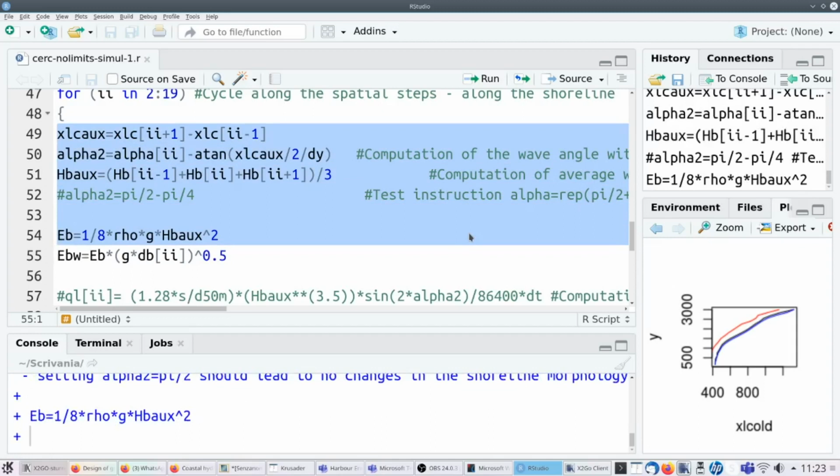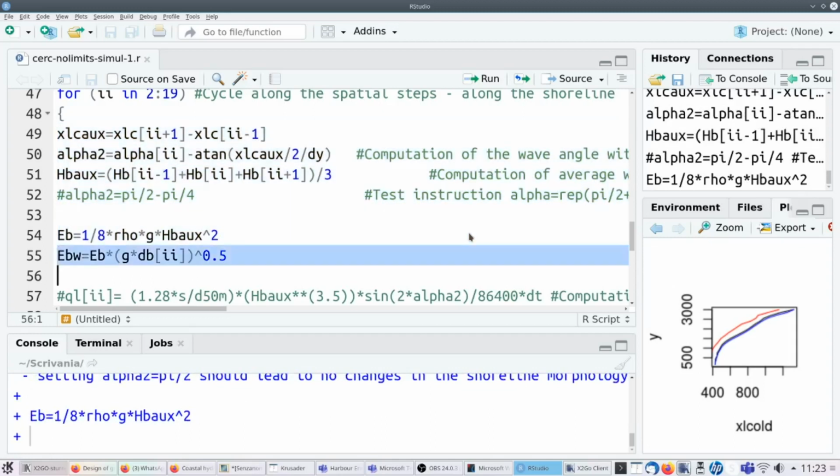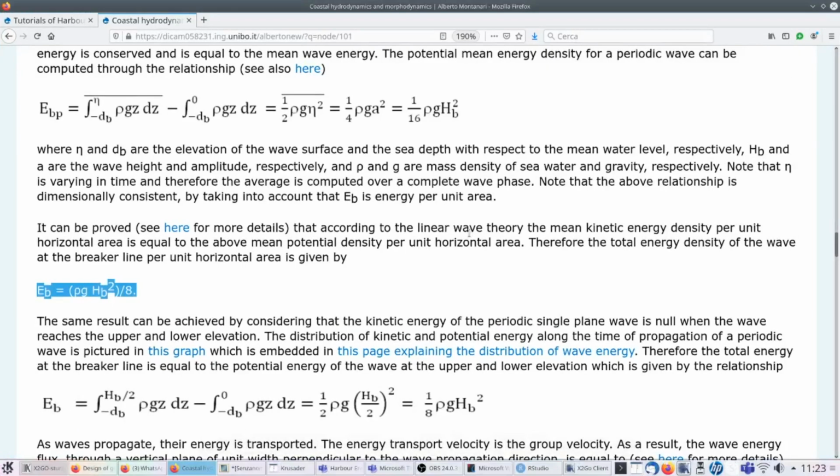Very good. Now, there is a subsequent instruction here. I go back to the web page with theory. It is the computation of the total energy density of the wave at the breaker line per unit horizontal area. It is what we just computed here, okay?